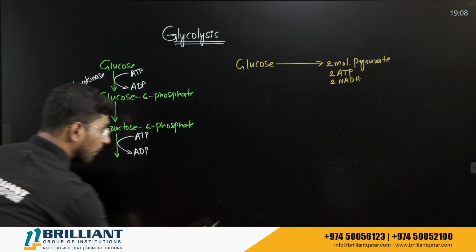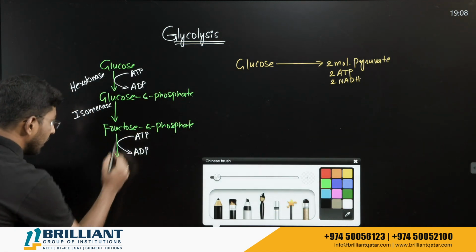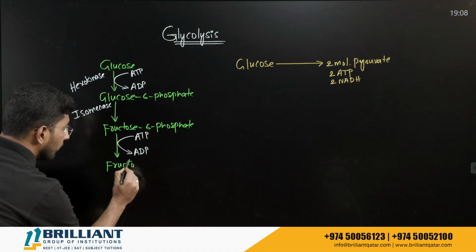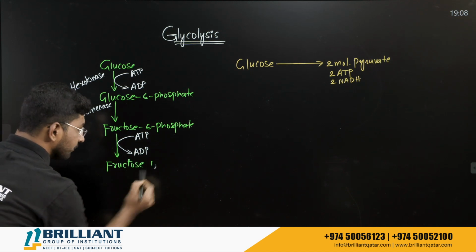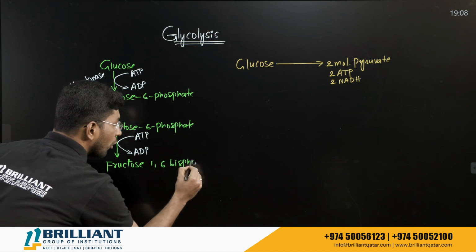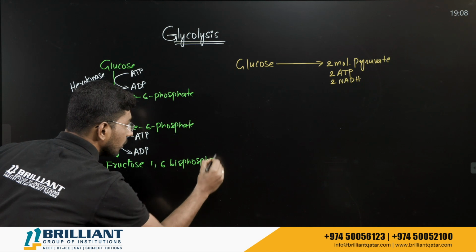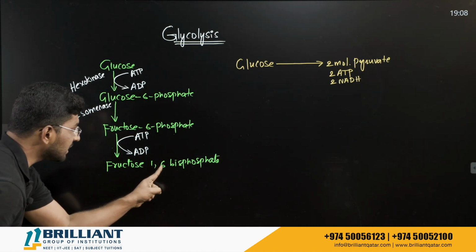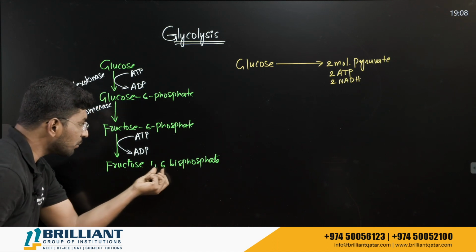So what is the next compound now? The next compound is fructose 1,6-bisphosphate. You got my point? Sir, what is this 1,6?